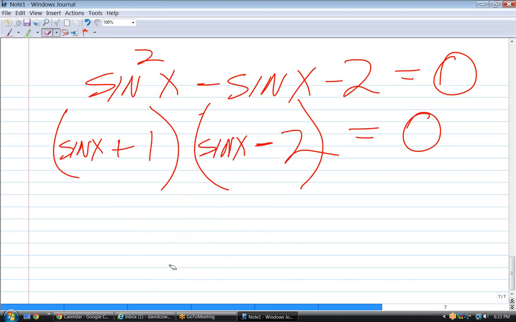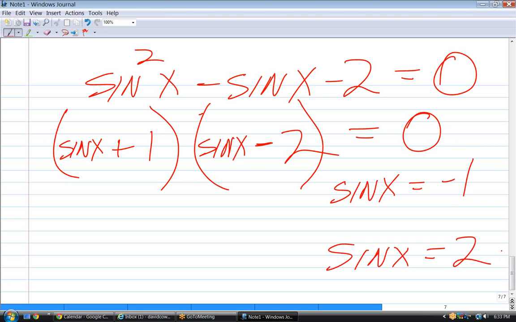Now what? Is the second one possible? What's the range on the sine function?